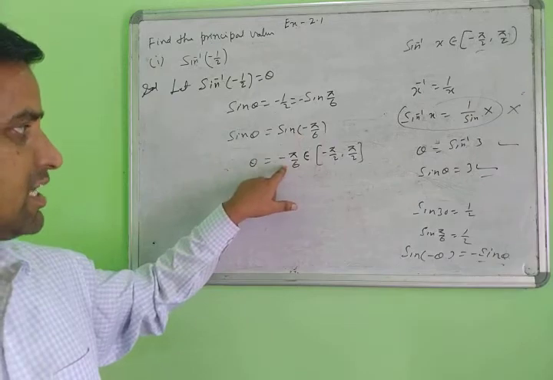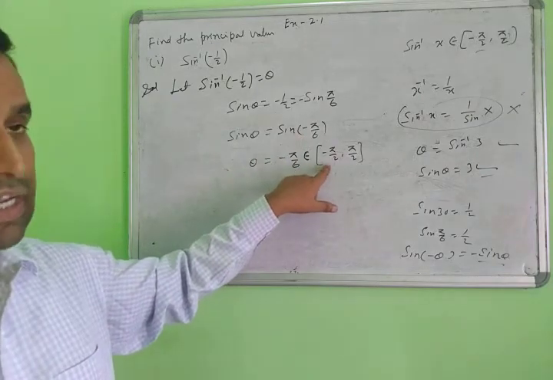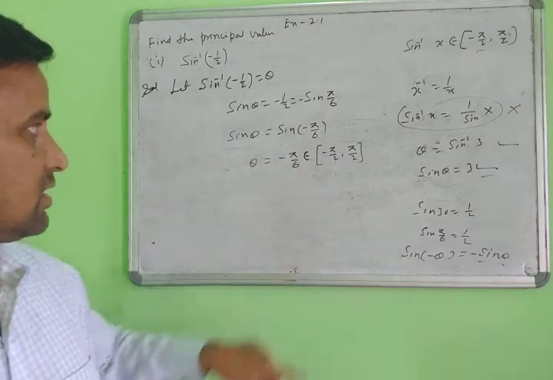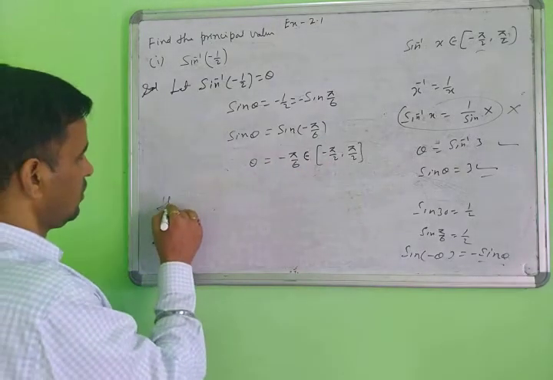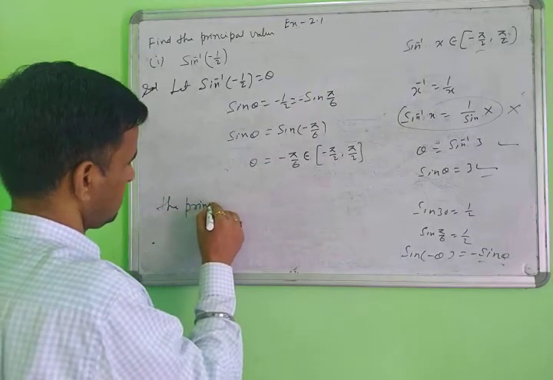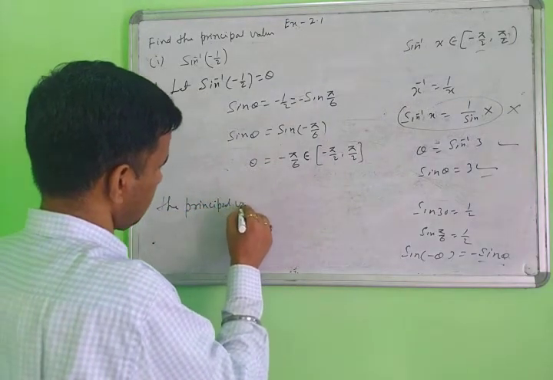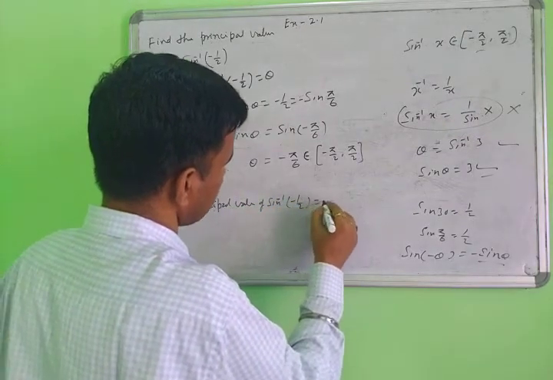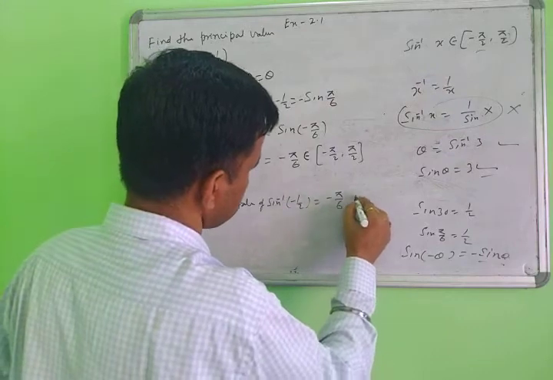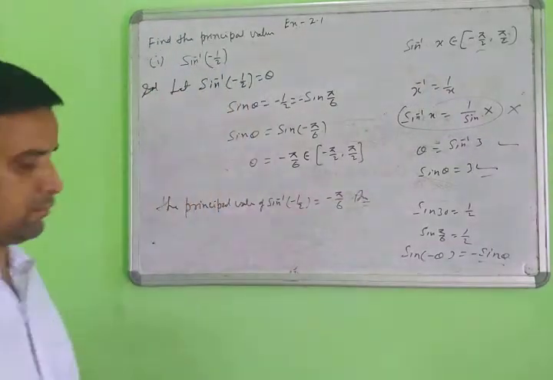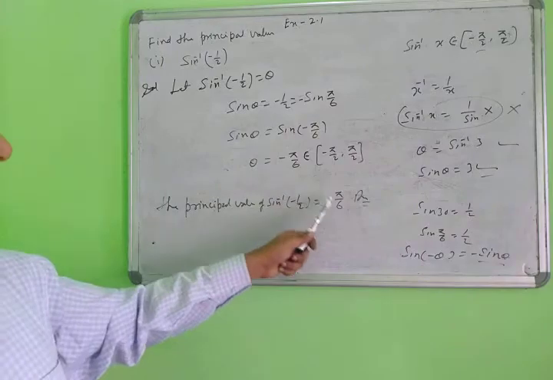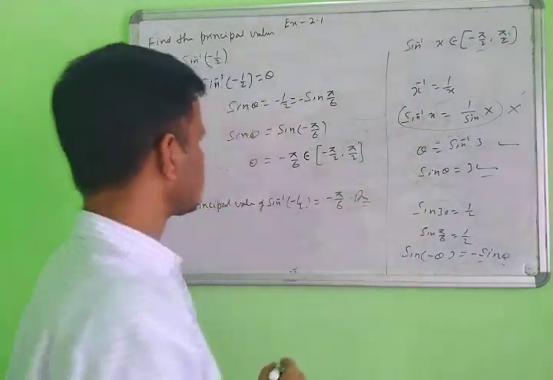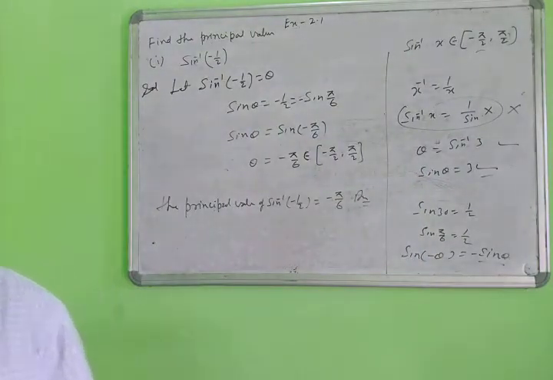But this minus pi by 6 is in this range. So the value of theta here is minus pi by 6. It means the principal value of sine inverse minus 1 by 2 equal to minus pi by 6. This is a very simple thing. This is the rough work. Yes, note it down. Then next question.